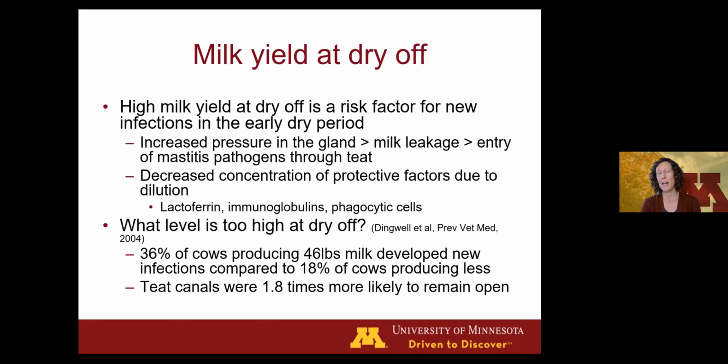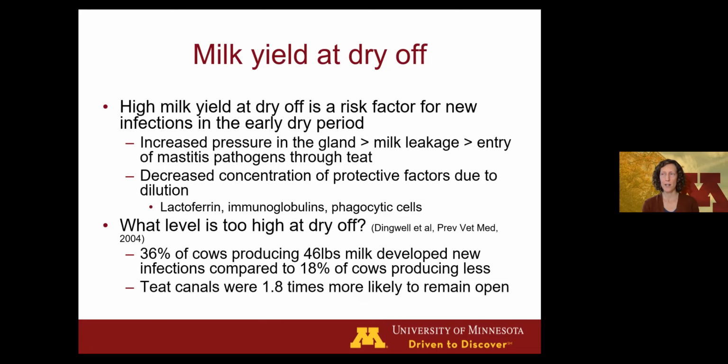We know that high milk yield at dry off is a risk factor for new infections in the early dry period, probably for a couple different reasons. One, there's increased pressure in the mammary gland, which is probably a risk for milk leakage. So that teat sphincter at the end of the teat is not able to close and form a keratin plug and prevent entry of pathogens up into the udder through the teat.